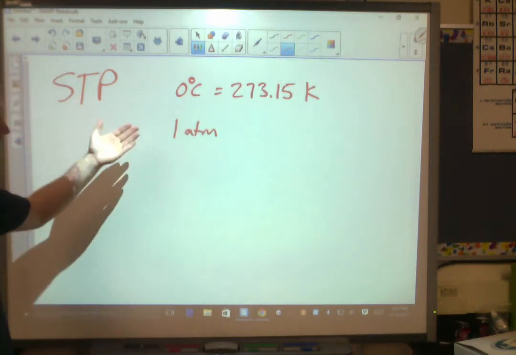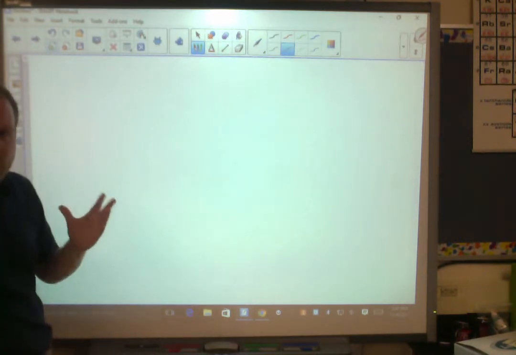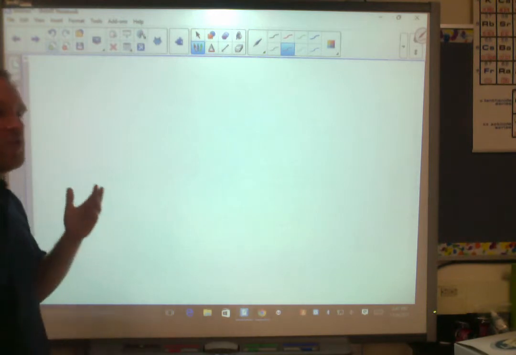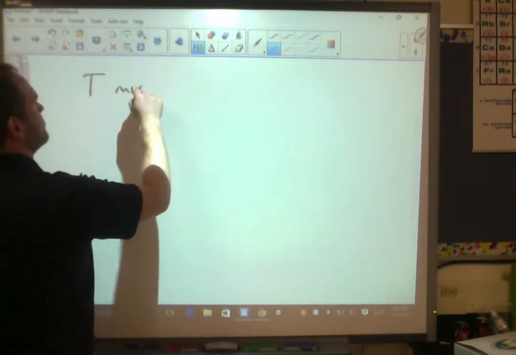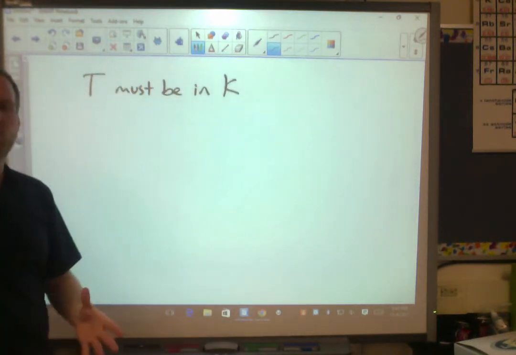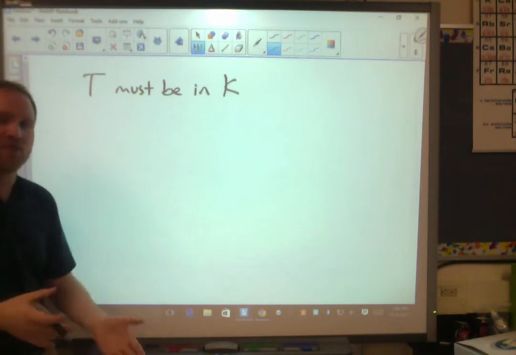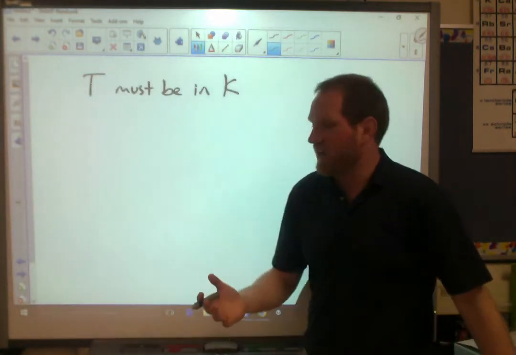That's STP. Okay, and really the last thing, and I kind of should have mentioned this earlier, anytime we use temperature in a combined gas law problem, you have to use Kelvin. So temperature must be in Kelvin. Now the reason for that is that Kelvin is the absolute temperature scale, meaning it truly reflects the amount of heat something has.